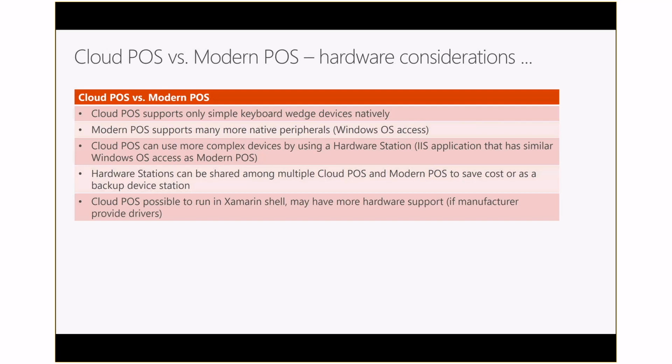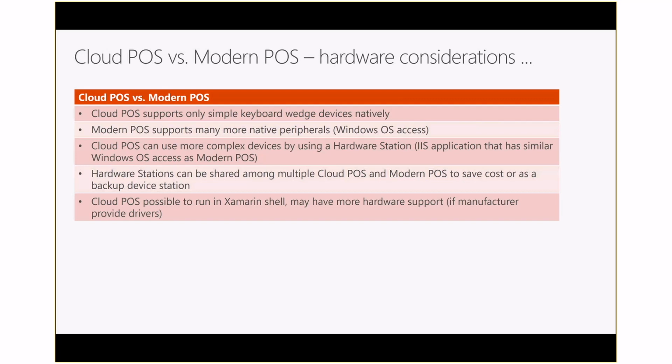So a little bit more about the hardware considerations, as a continuation from the previous slide. Cloud POS supports simple keyboard wedge devices natively. This is just the fact that the Windows OS or the browser does not allow access closer down to the native peripherals, which is something that Modern POS allows.